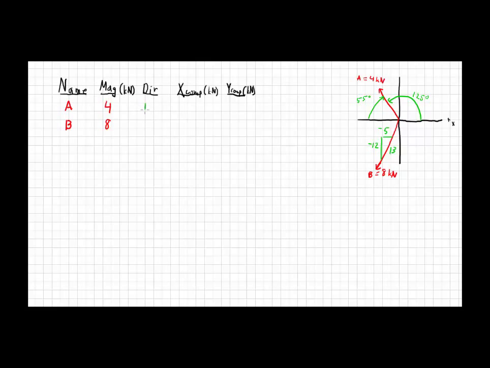We're going to put in for our directions. A is 125 degrees, and B is a triangle of -5, -12, 13.